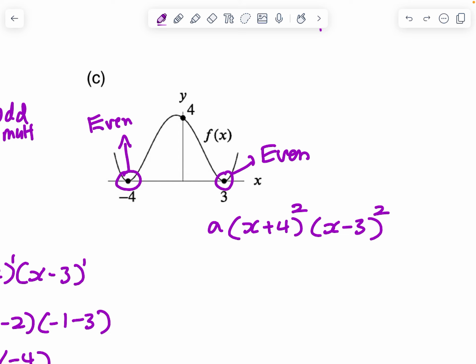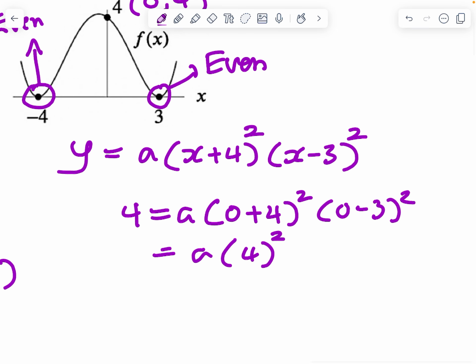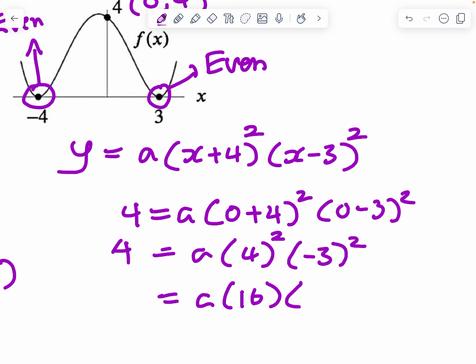So to solve for a, again, we're given a point here at (0, 4). So we know that y is equal to 4 and x equals 0. We substitute the numbers in, and 4 squared is, or I'll just solve for this first. Okay, so 4 squared is 16. -3 squared is 9.